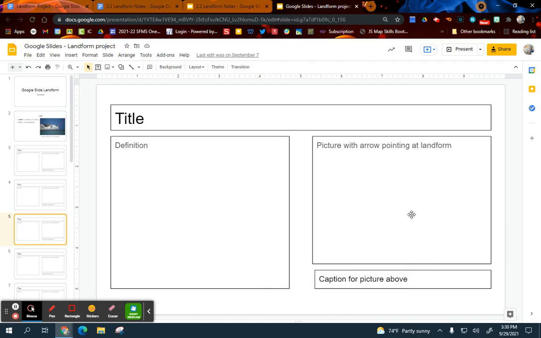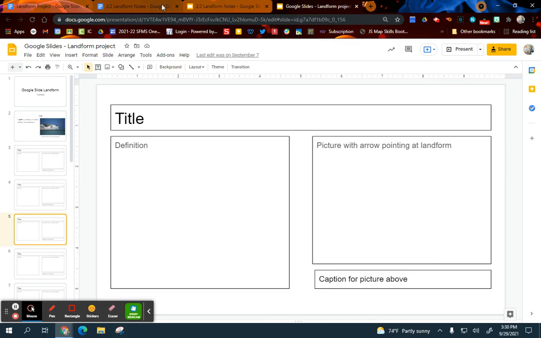Neither one should take you more or less time. But if you think about it, the artwork takes more time than just finding a picture and pasting it into a Google slide. But the research part of finding these landforms in the Eastern Hemisphere takes more time, obviously. So I feel like it evens out.